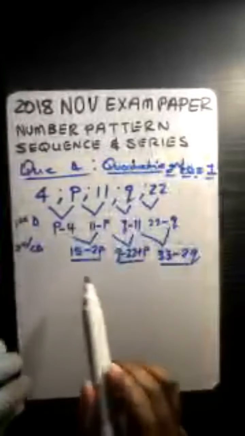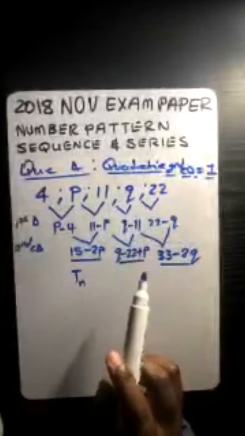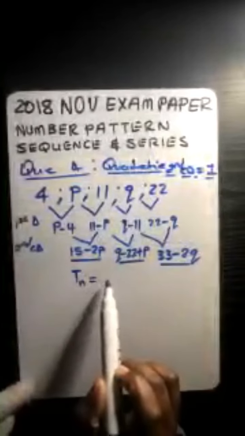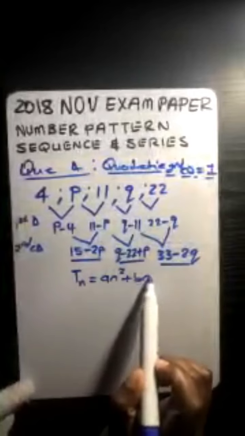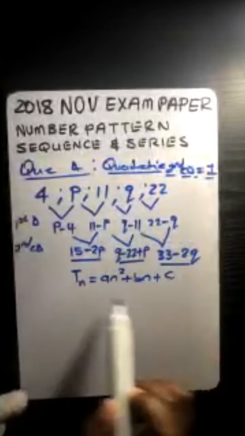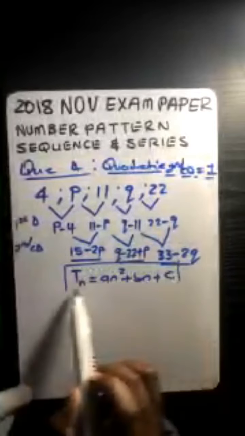And most importantly, you remember Ragunanen, we said a quadratic equation is an squared plus bn plus c. This is the general formula for a quadratic number pattern.